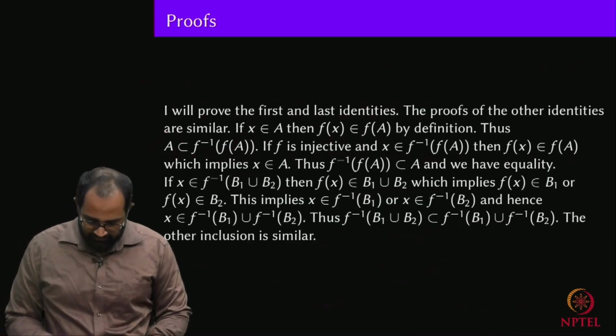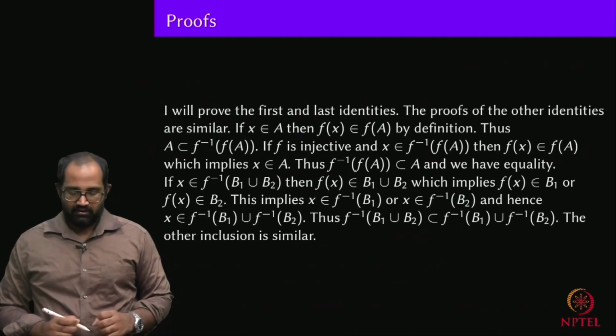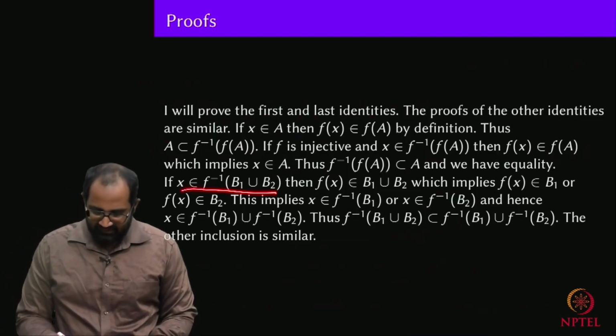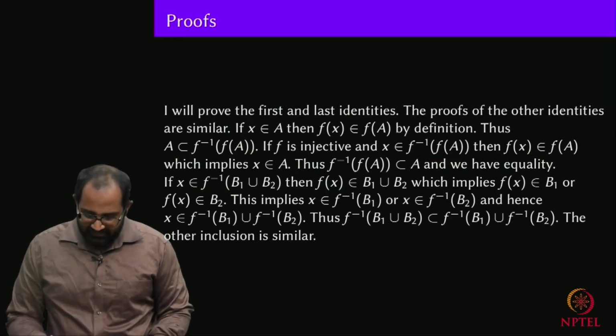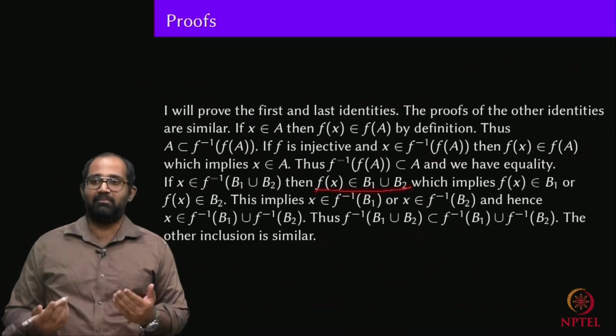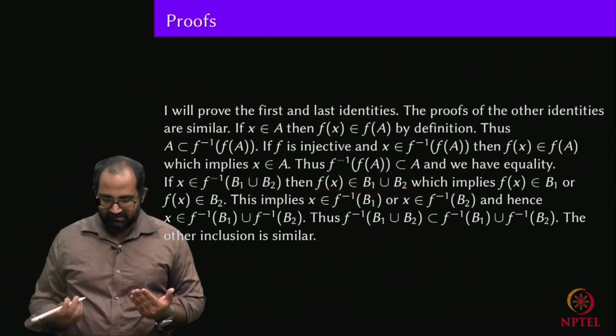Thus, f inverse f of A is a subset of A and we have equality. Now, for the last identity, suppose x is in f inverse of B1 union B2, that means f of x is there in B1 union B2. That is what the definition means.